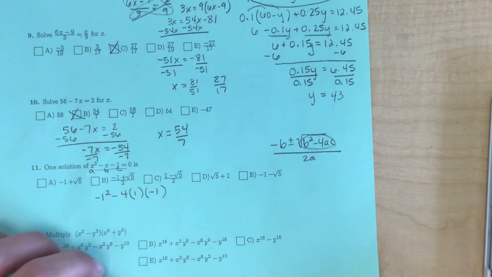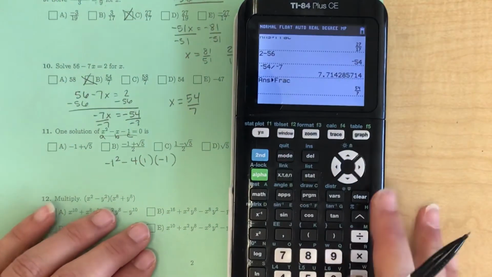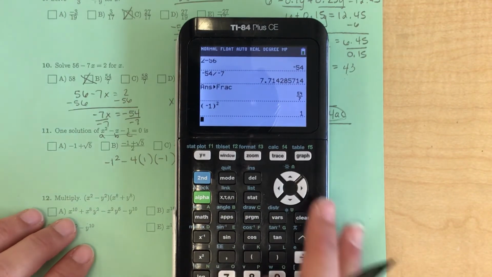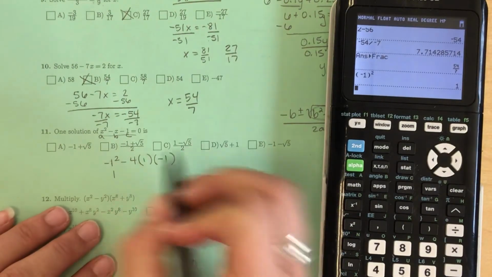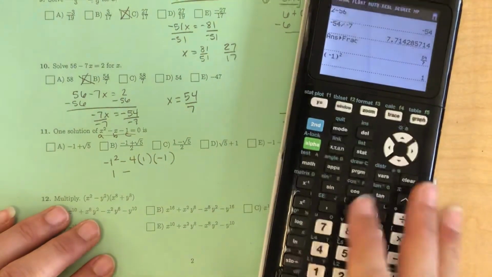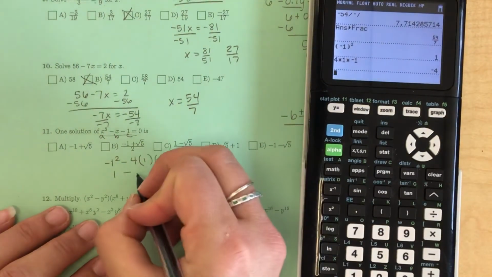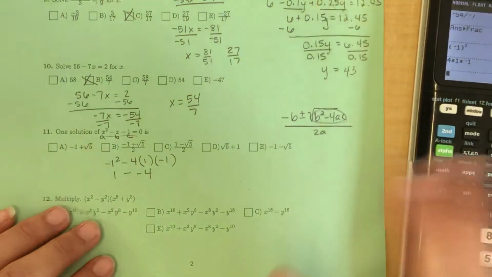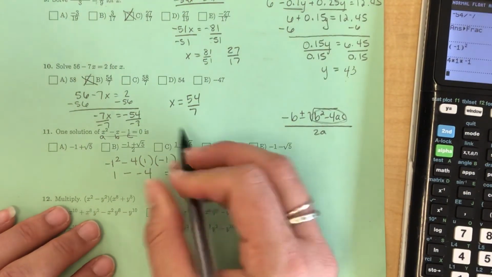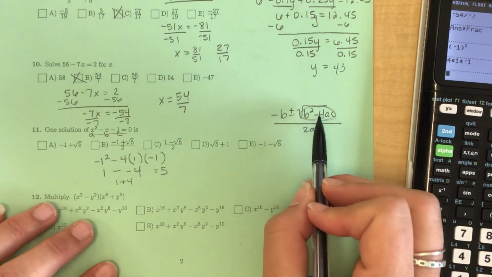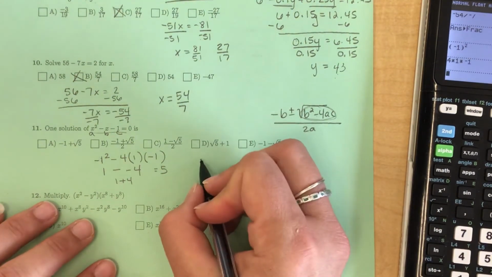So these numbers are pretty easy because they're all just kind of ones. Now, when you do negative 1 squared, you've got to put it in parentheses. So this is just 1 minus 4 times 1 times negative 1, which gives me negative 4. So 1 minus negative 4 is the same thing as 1 plus 4, which is 5. So right here under the radical, I'm going to put a 5. So I have negative b.